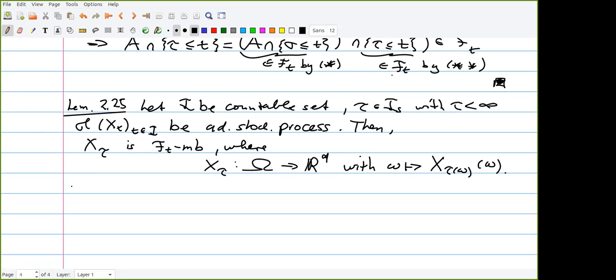And well, sorry, the claim is of course that this is right. This is important, right? The claim here is that the process stopped at time tau, so the random variable, so if I evaluate the process at time tau, this is F_tau measurable.